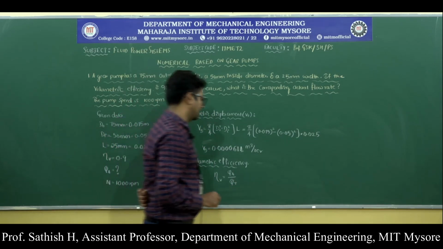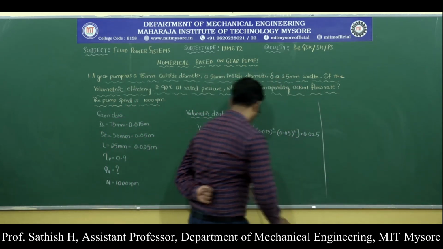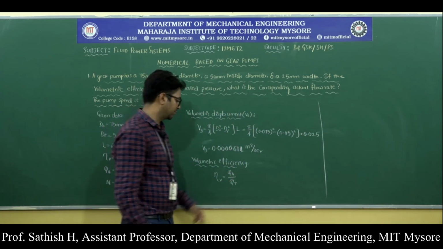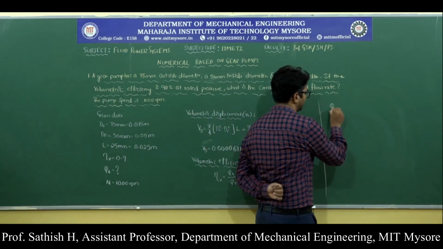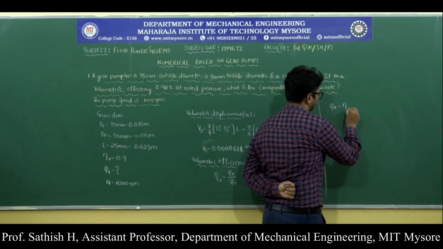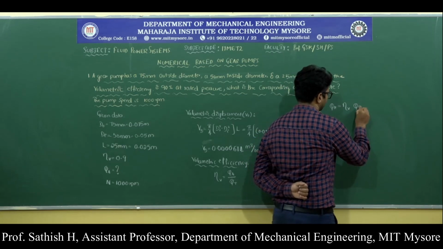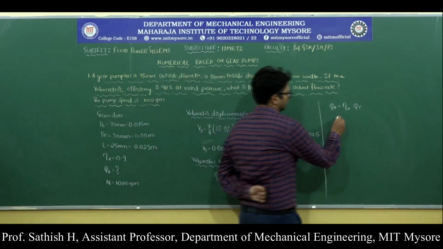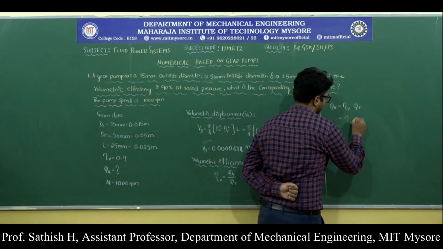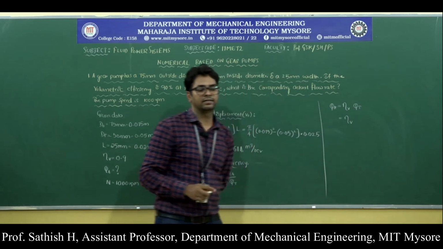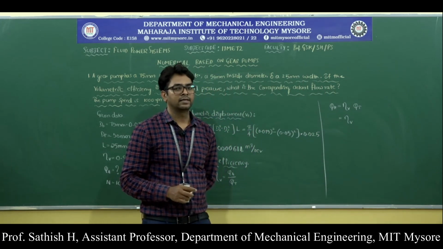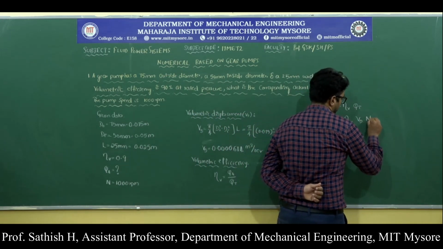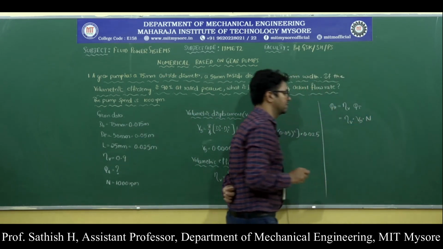If you simplify this, we need QA, so QA is equal to nu V times QT. So QA is equal to nu V times QT, and I can write this theoretical flow rate as the volumetric displacement times the speed of the pump, that is N.